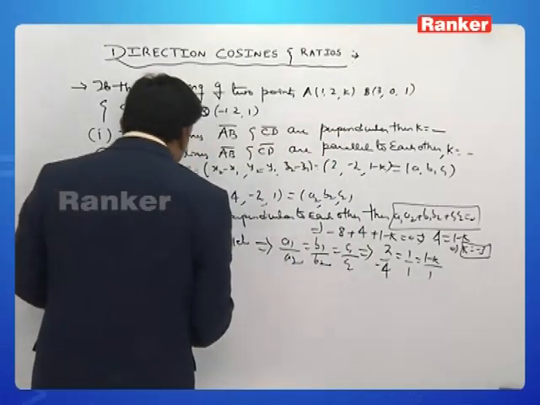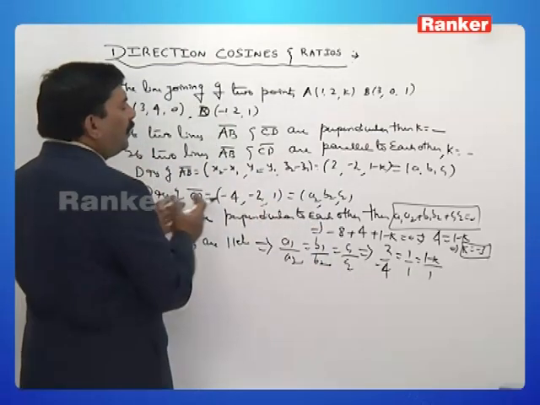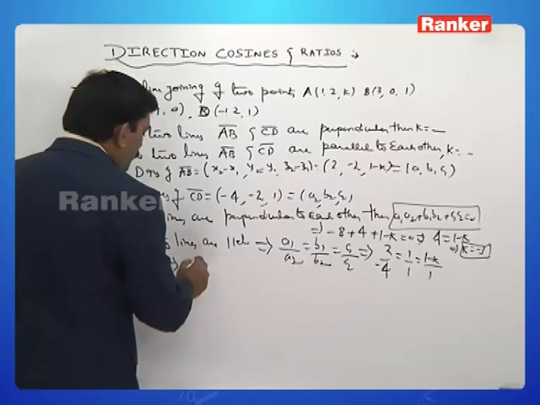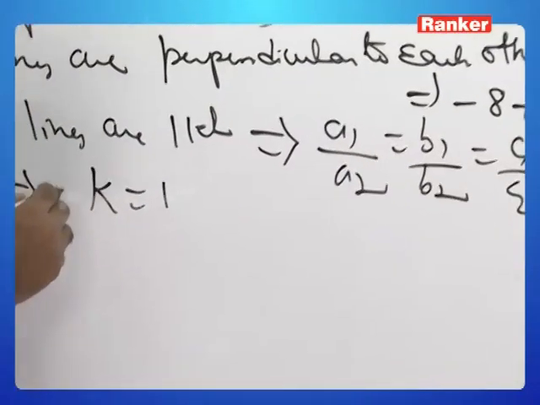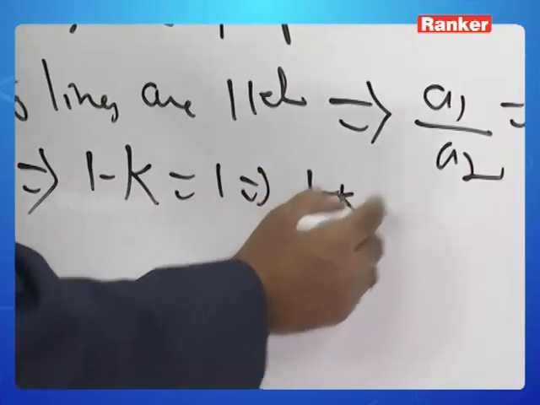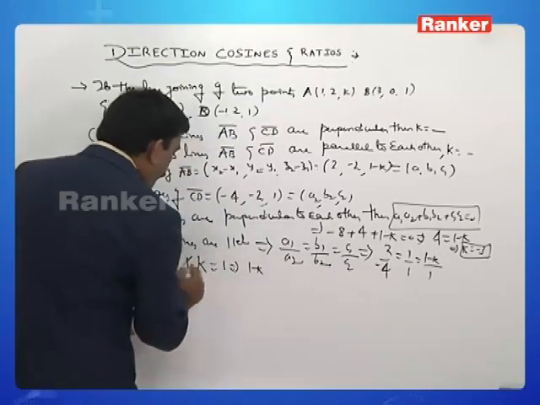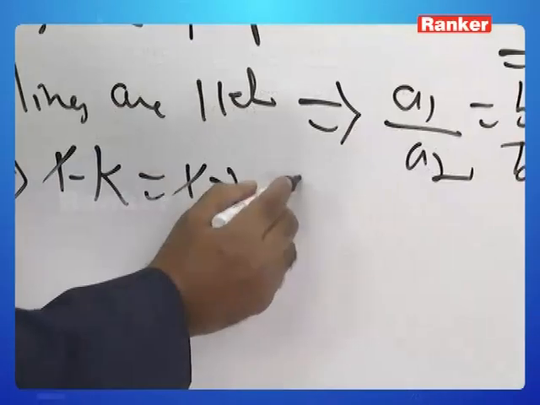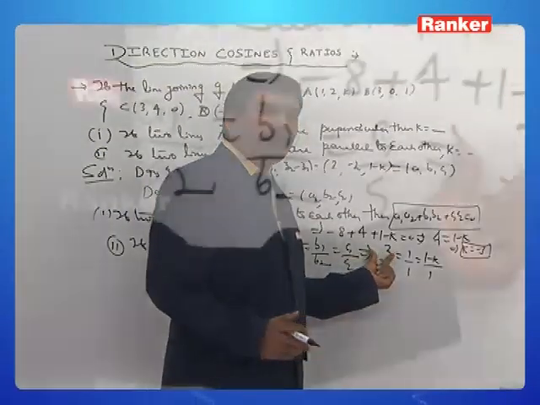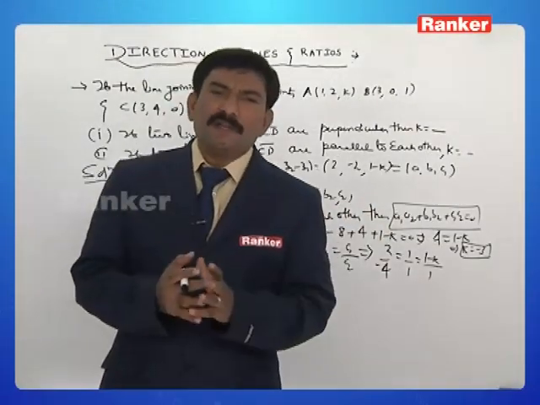Actually we have to get the same value, but we have not taken the numbers in a particular order; we are just verifying the condition. So 1 minus k equals 1, therefore k equals 0. Actually we should get 1 by 1 as well, but we have not taken the numbers in order.